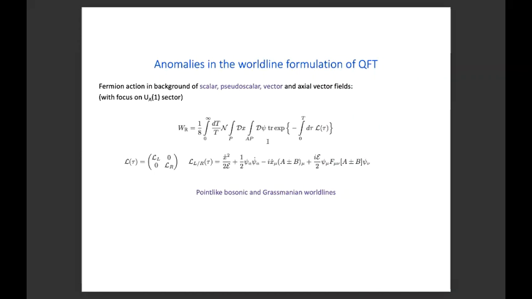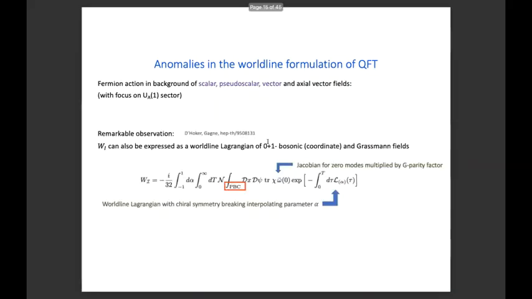Because you said it's 0+1 dimensions? Yeah, these are just functions of proper time, but they are multi-component. So the size, the target space, mu goes from 1 to 4.